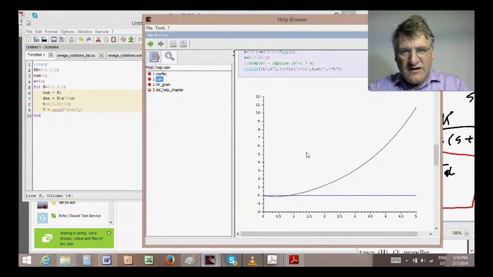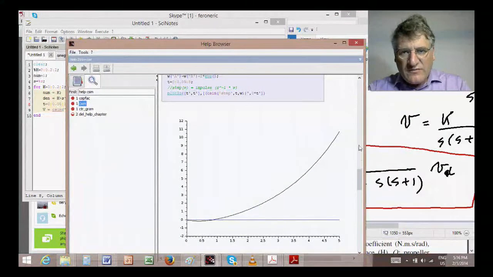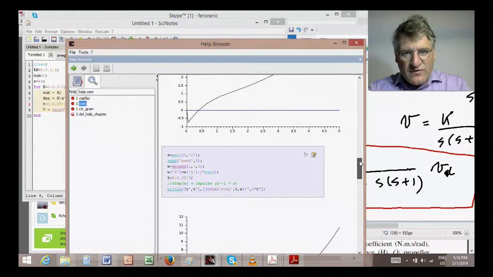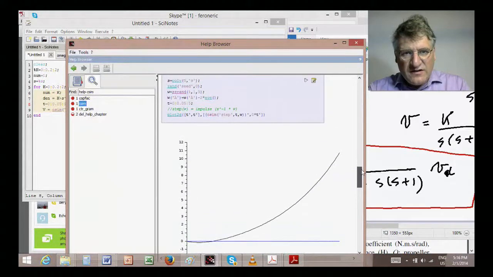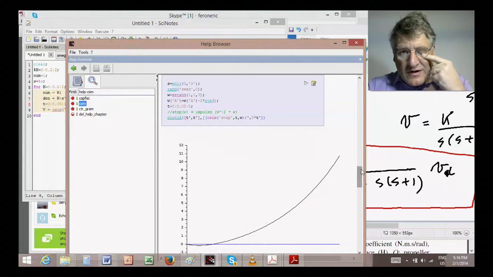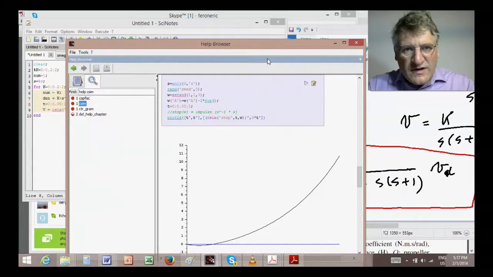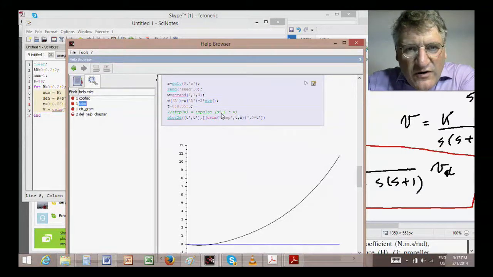So if we go back here, we get that step t and w is nothing really. Now I am just slightly confused by 1 over s here.